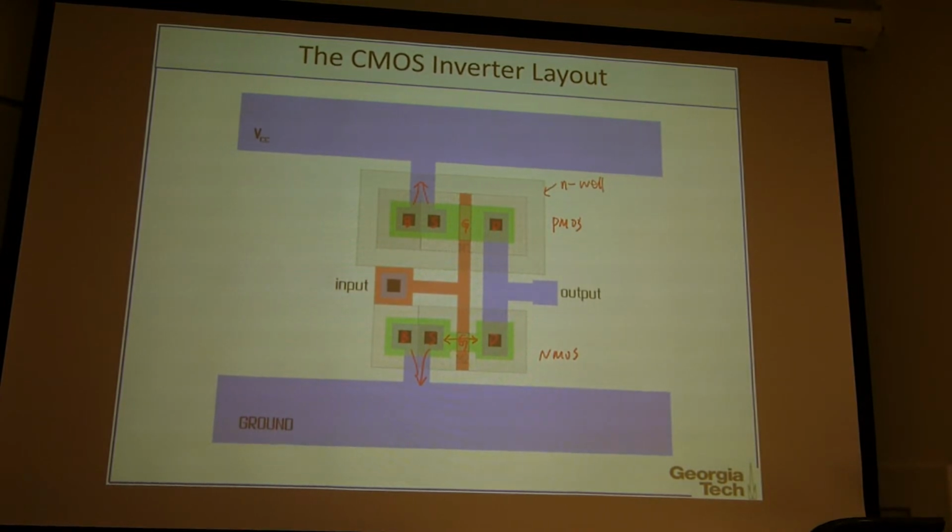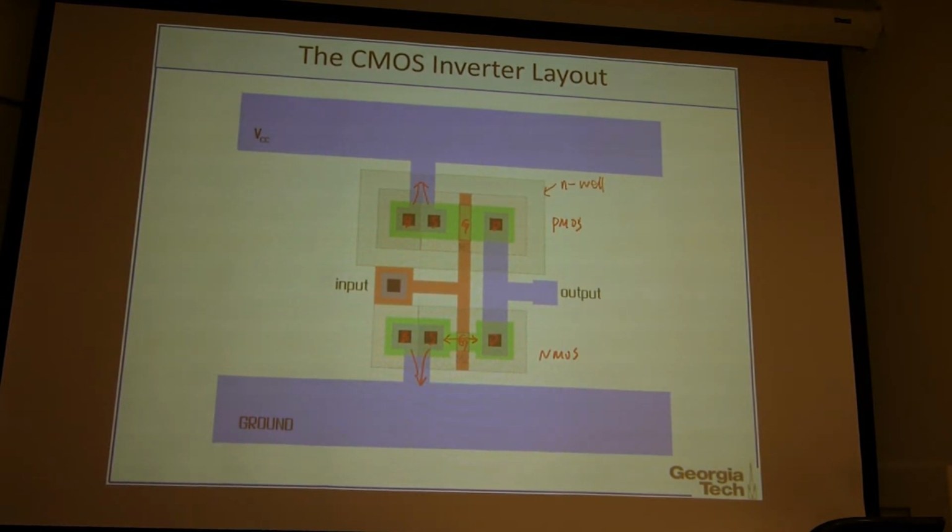So I don't require this kind of layout in this class, but this is how the layout looks for the CMOS inverter. And if you are a circuit designer working in, for example, Apple or Qualcomm or those design companies, your eventual product is this one, to generate the layout of the circuits.